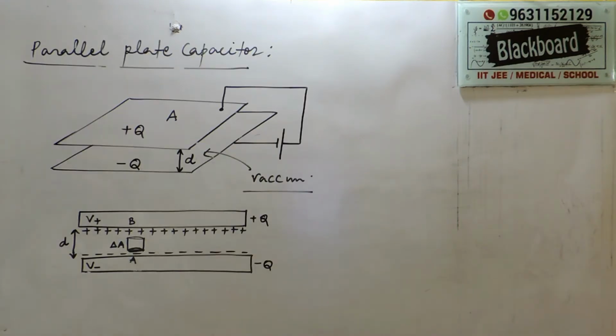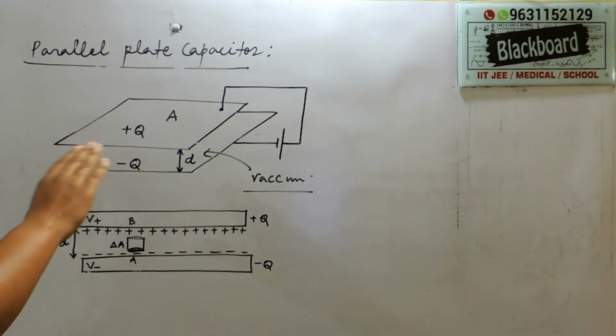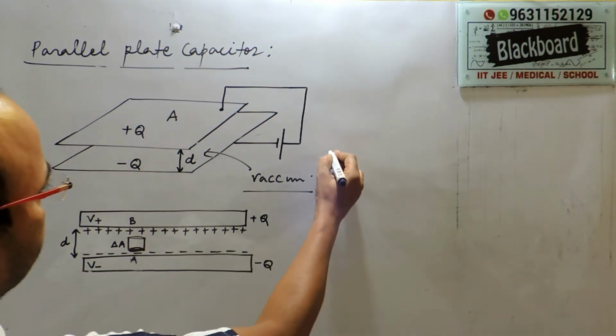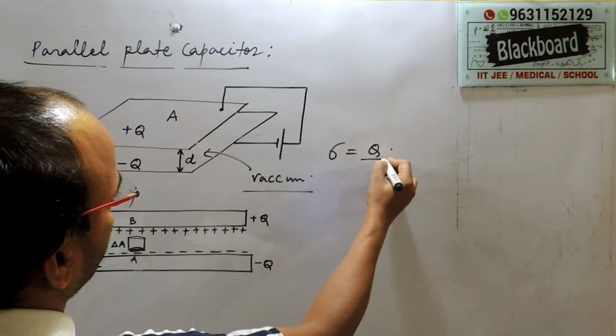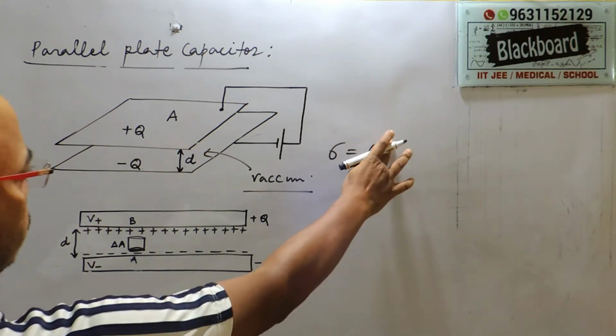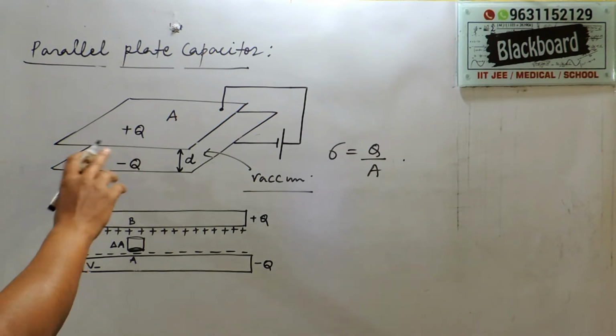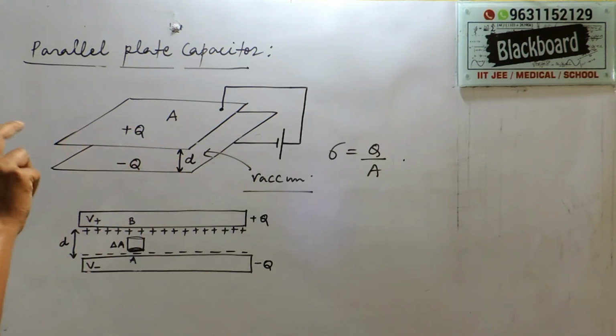Let us put a charge plus Q on one plate and a charge minus Q on the other plate. The charge will appear on the facing surfaces, and the charge density sigma is equal to Q by A. This is your areal charge density. Suppose the plates are large compared to the separation between them.